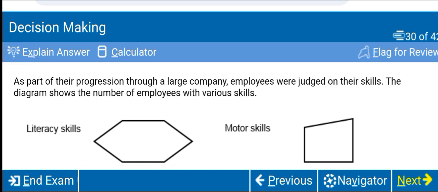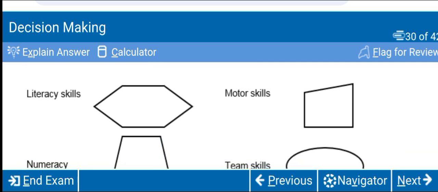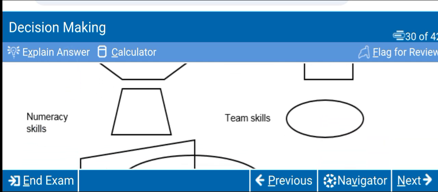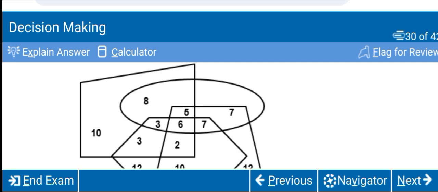So here we have these diagrams. First one representing literacy skills, and the second motor skills, and then we have numeracy skills, team skills, and then we have this Venn diagram of all these shapes.